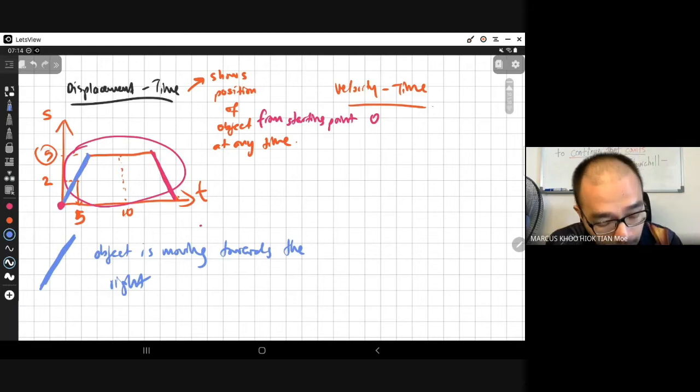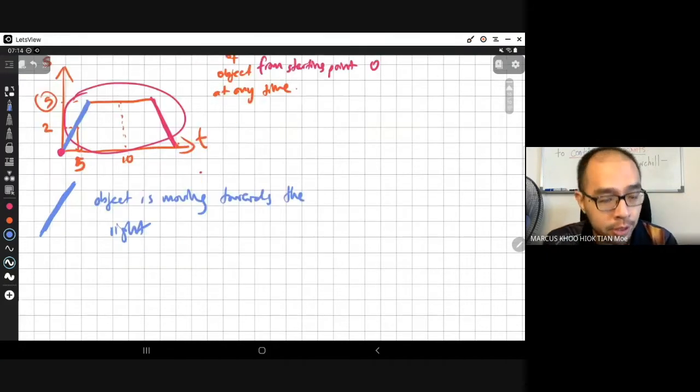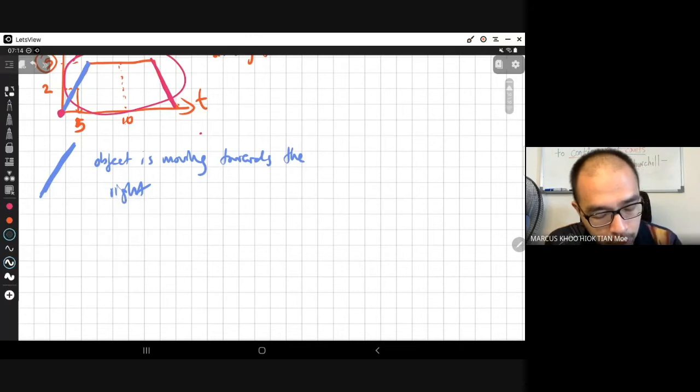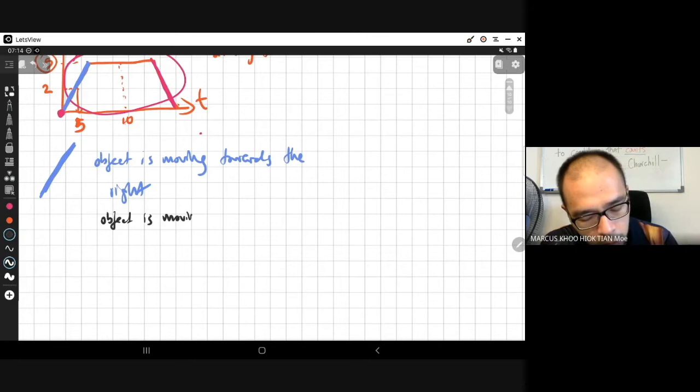It's moving away, moving towards the right. But the more important interpretation is this. Besides the fact that it is moving to the right, the object is moving with constant velocity.